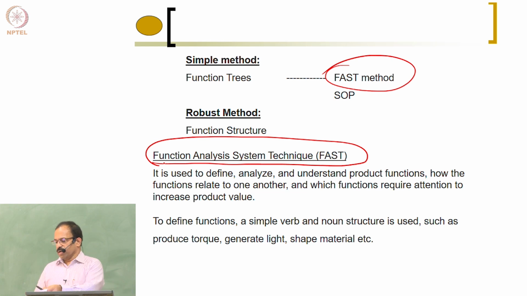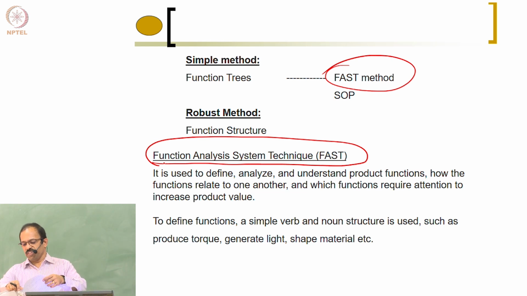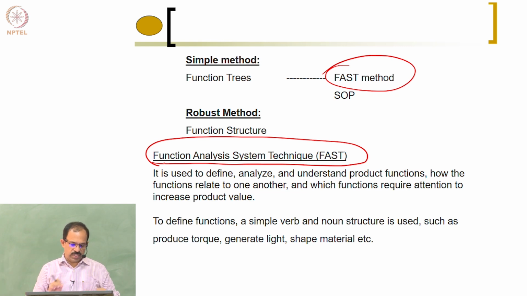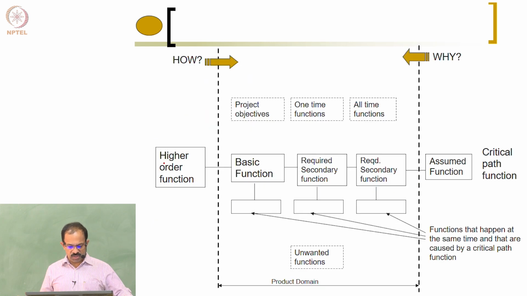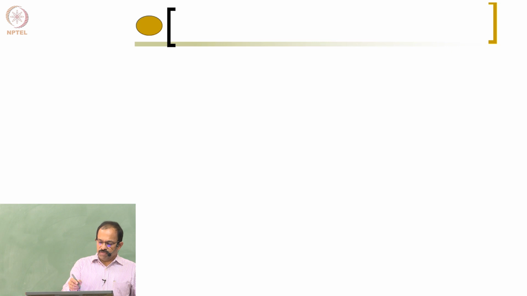We do this in a very systematic and simple way by looking at the product and trying to understand how it is working. I'll give you a brief idea how it works.